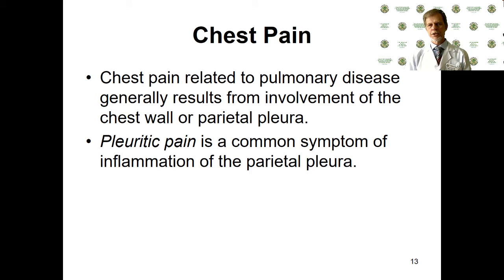Next sign, chest pain. Chest pain related to pulmonary disease generally results from involvement of the chest wall or parietal pleura. Pleuritic pain is a common symptom of inflammation of the parietal pleura. So what are we talking about? Lungs, as other parenchymatous organs like liver and kidneys, have no pain receptors.